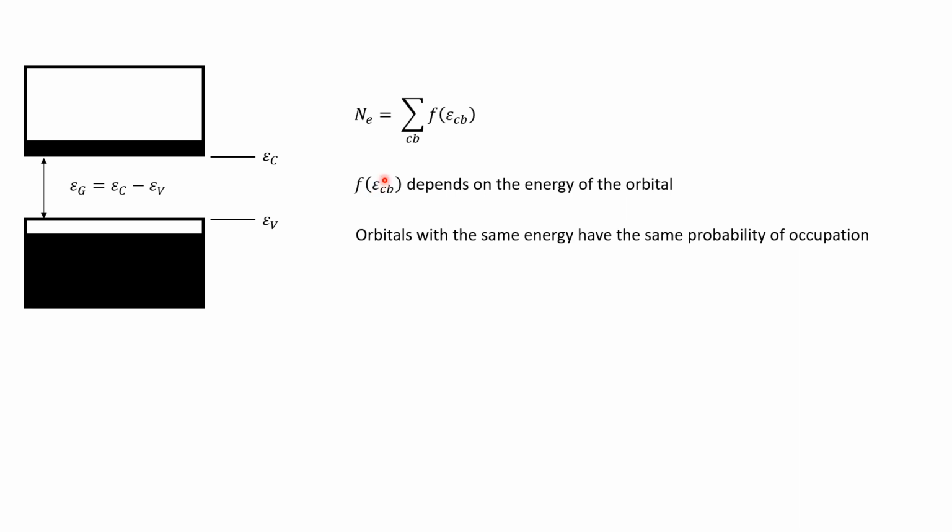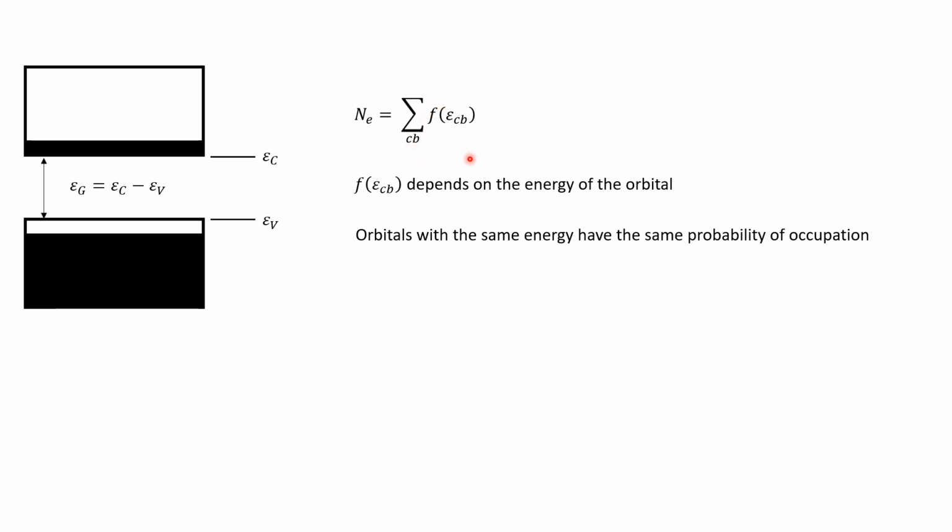Still in the previous lecture, we calculated the total number of free electrons by adding up the probabilities of occupation of all orbitals of the conduction band. So this sum runs over all orbitals of the conduction band, and this term is the Fermi-Dirac distribution, which gives the probability of occupation.